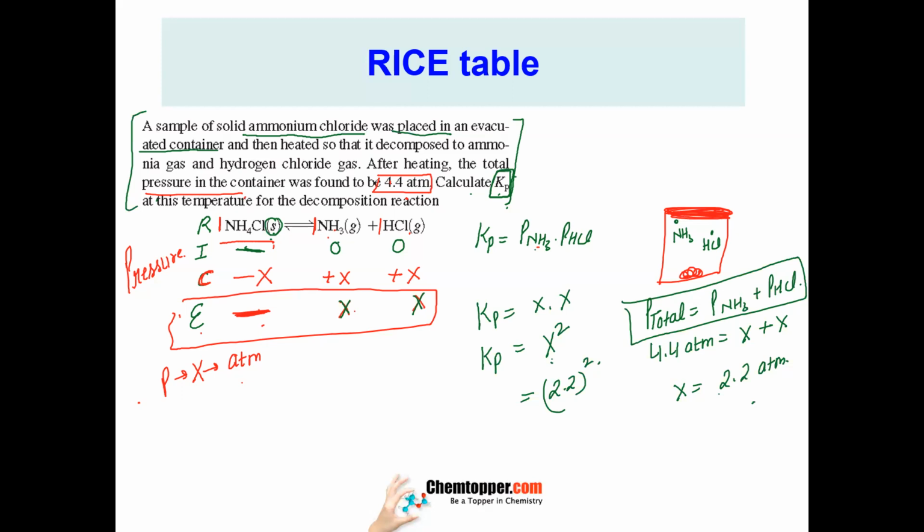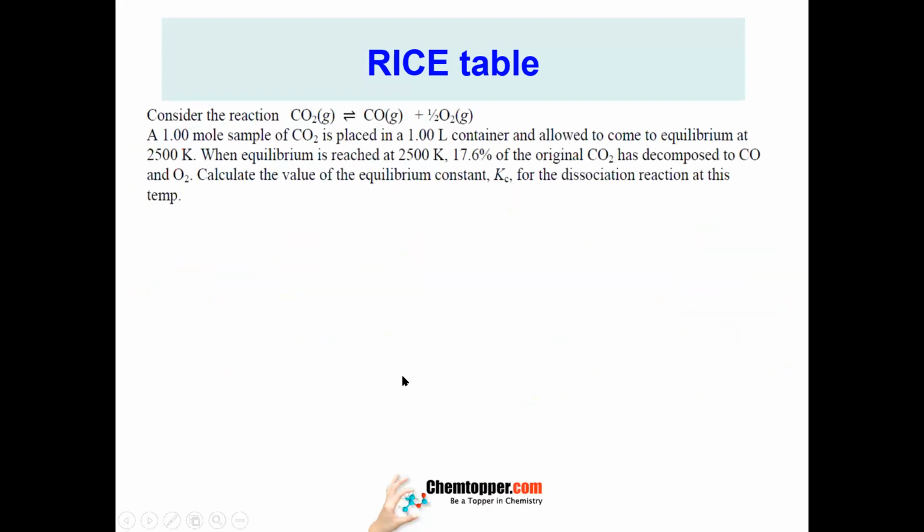Ready for another question? Another question on the RICE table. Okay, so RICE table means reaction.